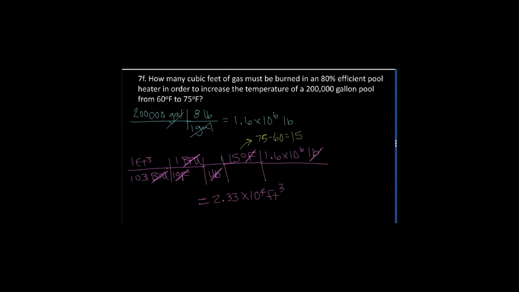That's how I got that number. So now I need to take this 2.33, I need to multiply it by 0.8, and that's going to give me 1.86 times 10 to the 4 feet cubed.